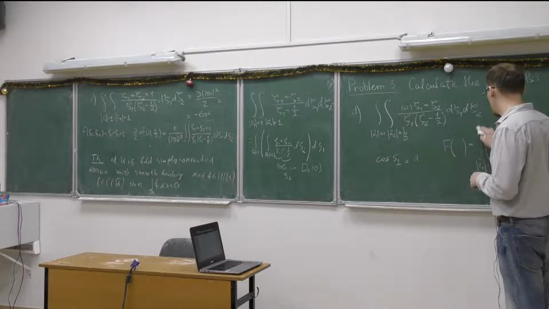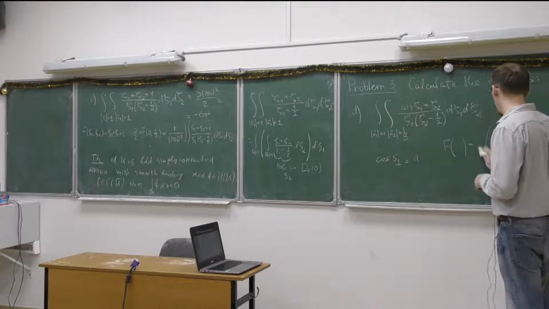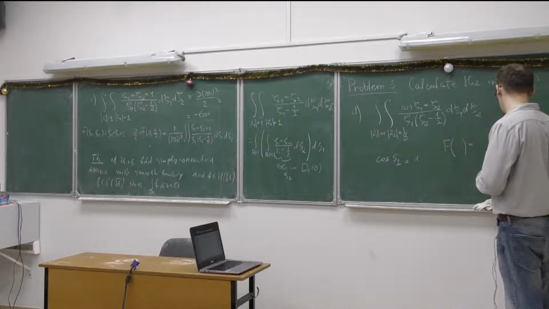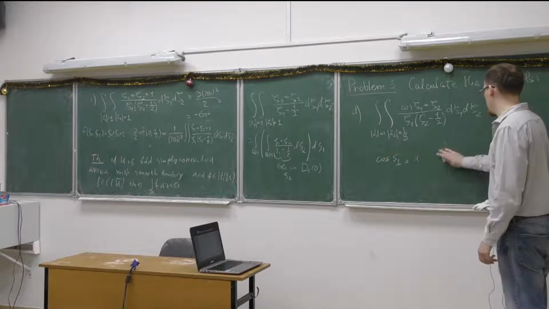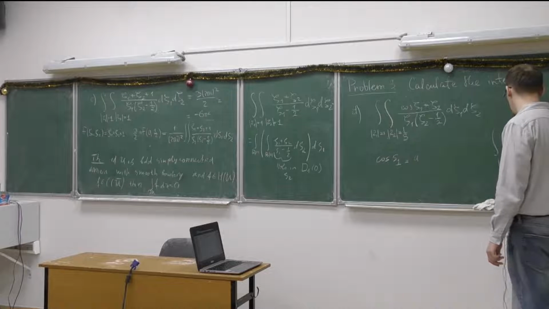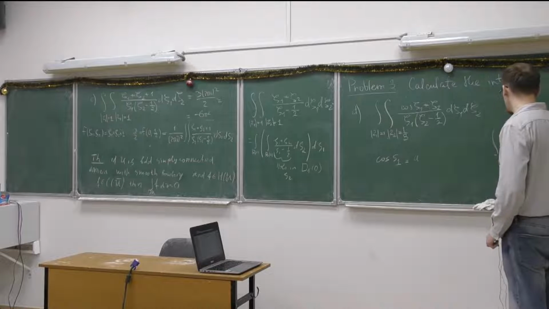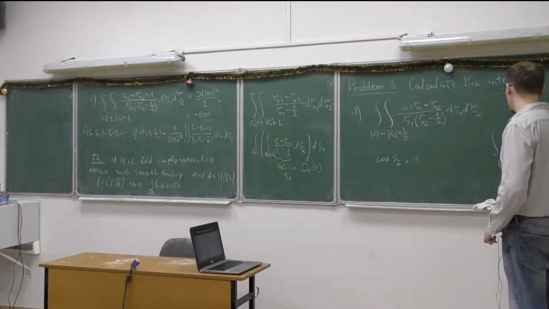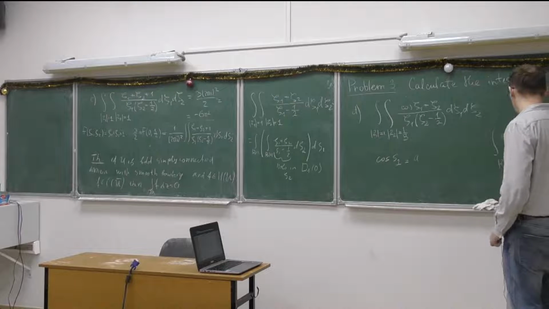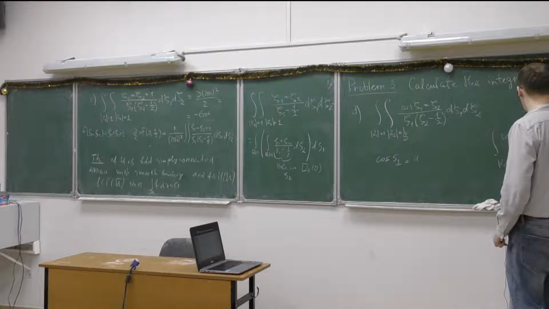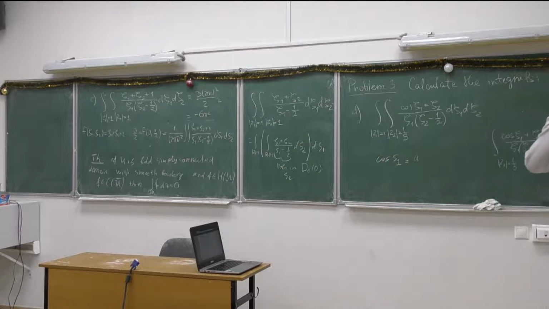I would like to suggest this is just along the second variable. Yes, you integrate along the second variable running along the circle of radius 1/3, plus 2, and you multiply it by the Z2.